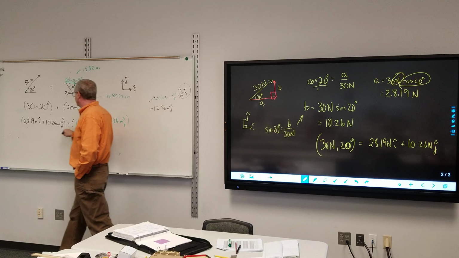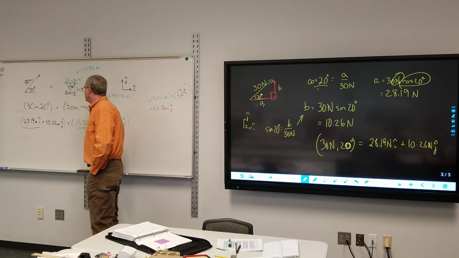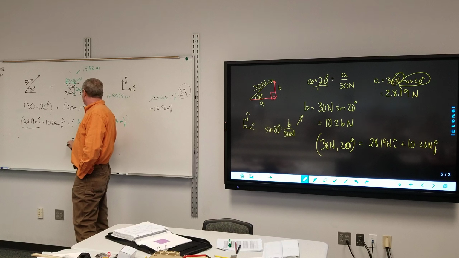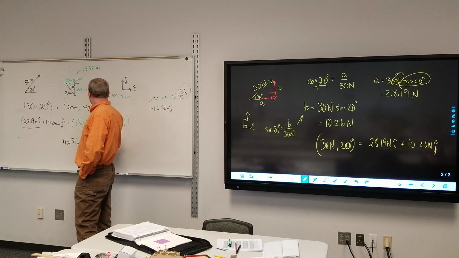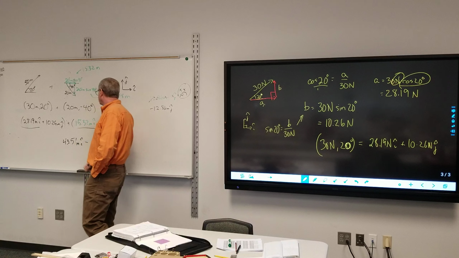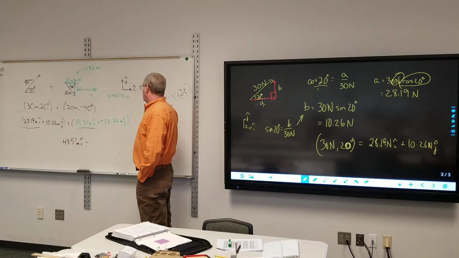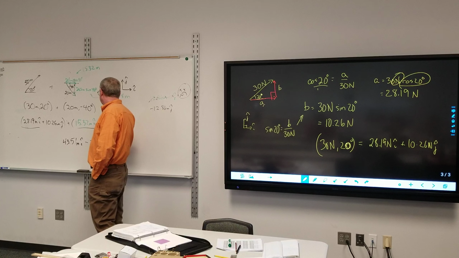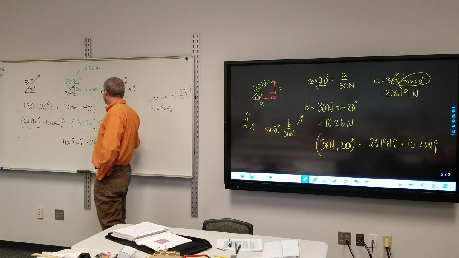You add like terms. I have the i hats here. So it's 0.51 and then 43.51 meters i hat minus what's 2.6 meters j hat.